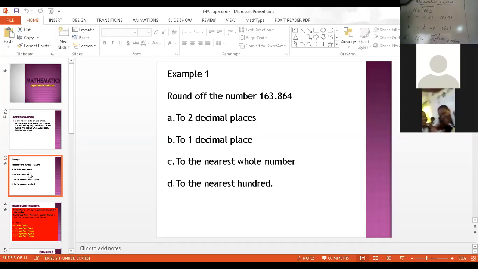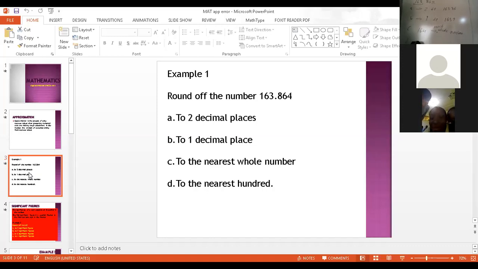Then part D says you take it to the nearest 100. Now, if you count it, this is 163. We get to 100 first. The next 100 would be 200. Now, when we look at 6, this 6 is above 5, so you change it, it will turn to 1 and you add it to this 1.